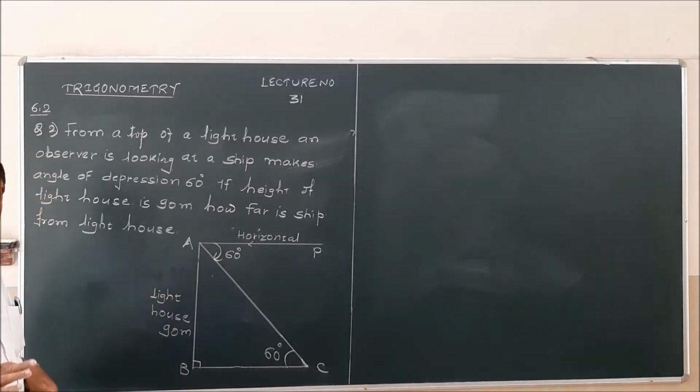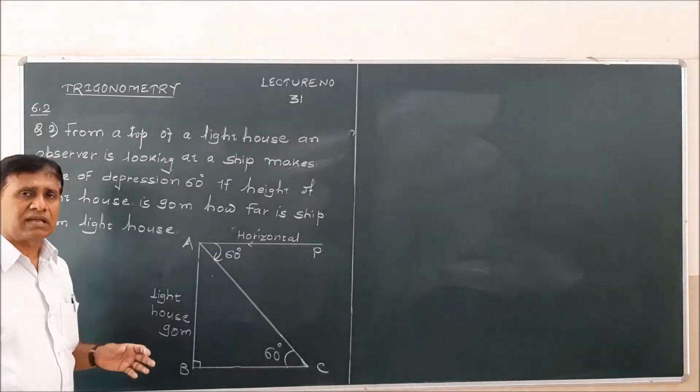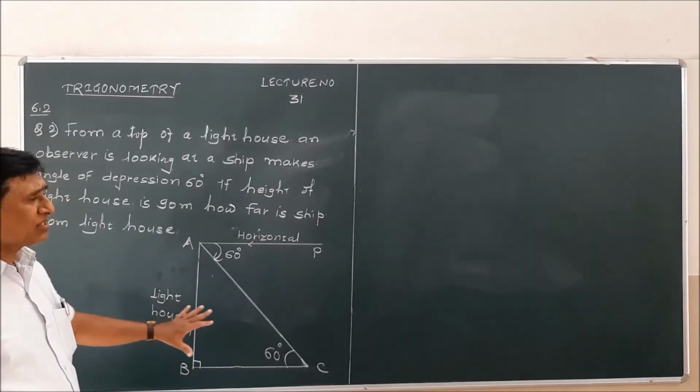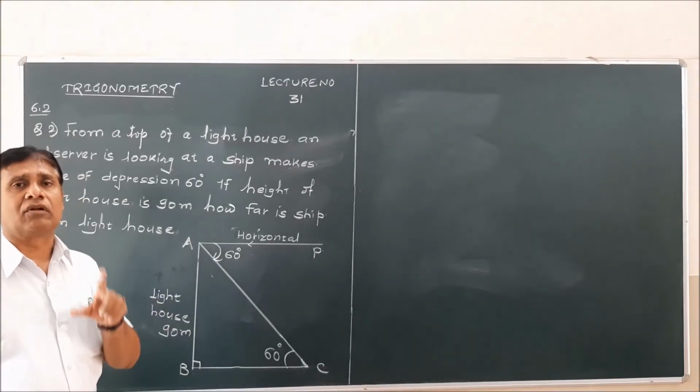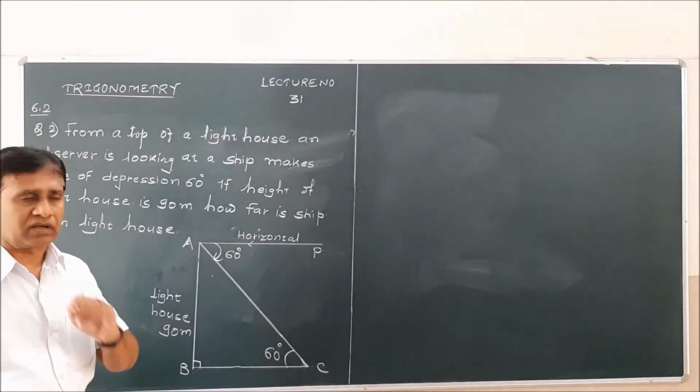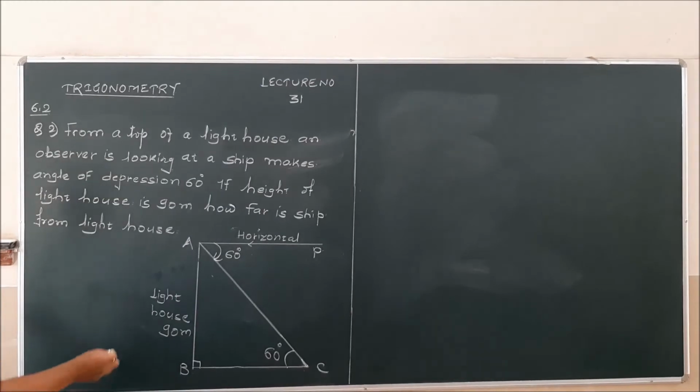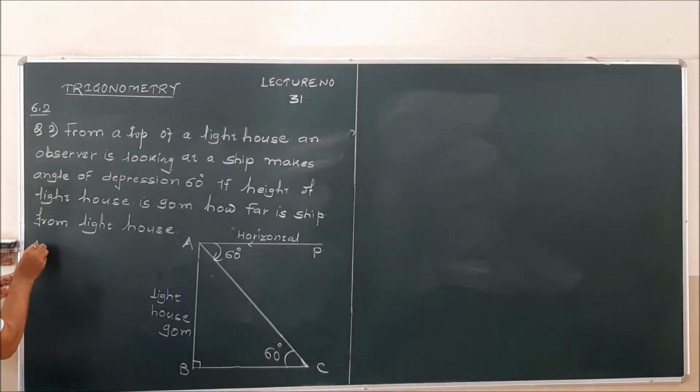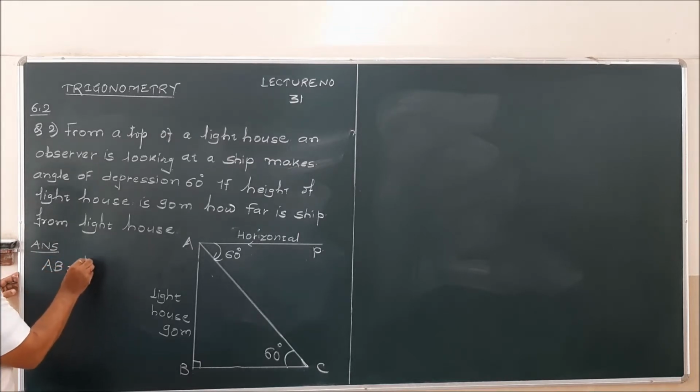So more or less you will find this is a figure for this question. Now I am going to write the details of the figure, and please remember in the examination also you must write the details of the figure and you must draw the figure also because it carries marks. So I will write over here AB is equal to the lighthouse.